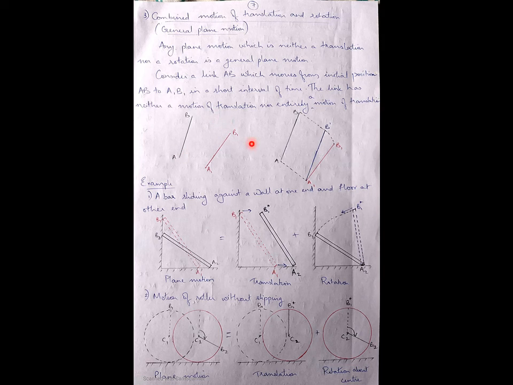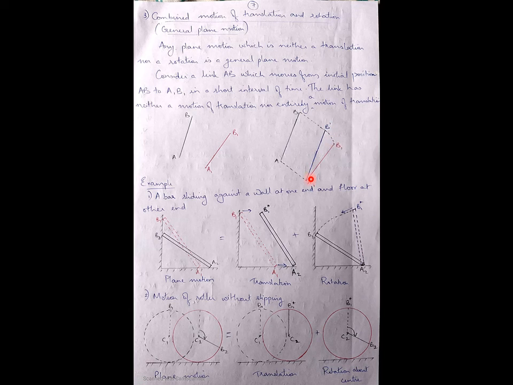So initially it is AB. Here it is shown. Let us initially assume that it has moved in translatory motion. Which means it has moved from A to A1 and B to B dash. This is parallel. This is also parallel. It has moved the same distance. So AB to A1 B dash is translatory motion. And after that, it rotated about the fixed point A1 and it rotated from B dash to B1.